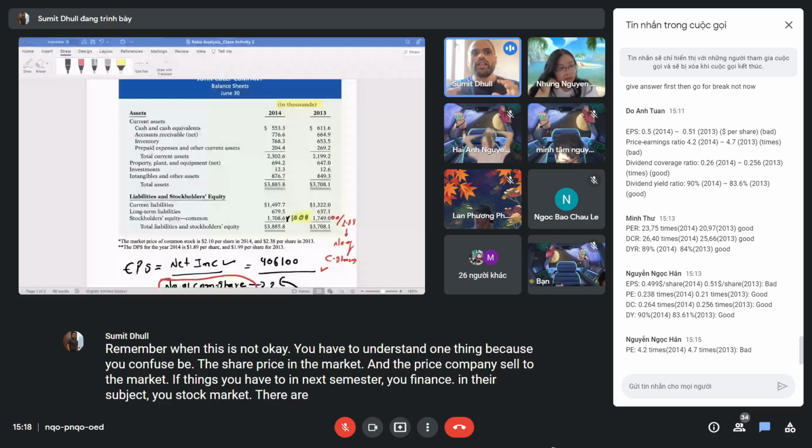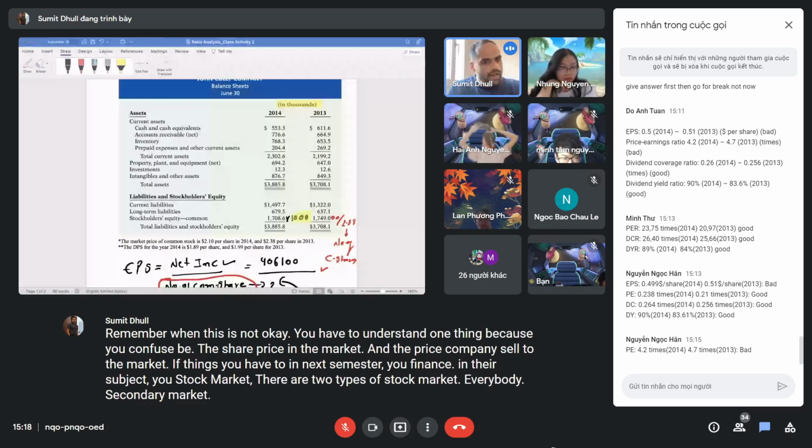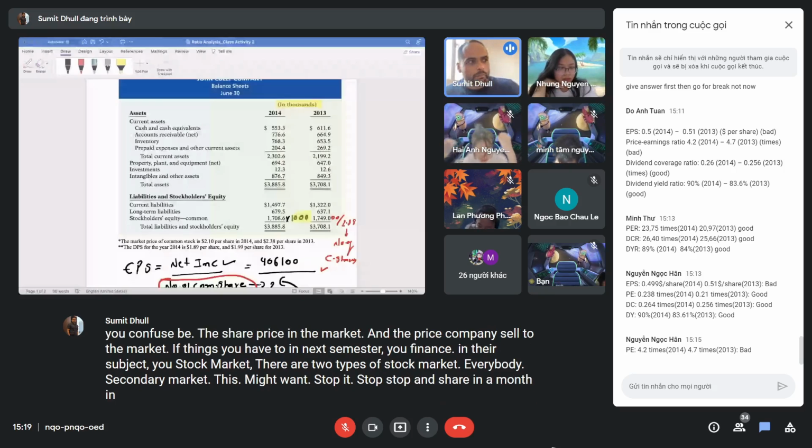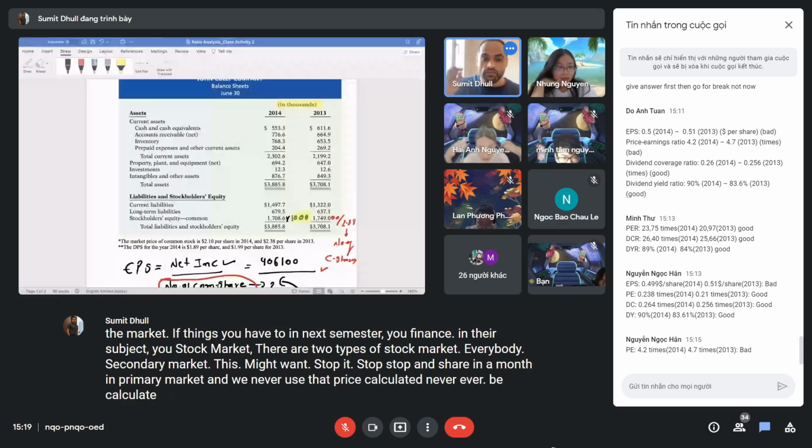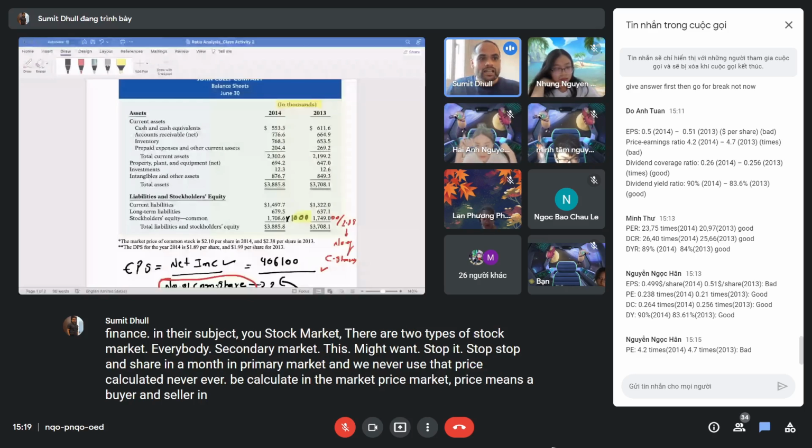There are two types of stock market: primary market and secondary market. This 2.10 is the price in the stock exchange. But when companies sell shares in the primary market, we never use that price to calculate EPS. Never ever. We calculate using the market price. Market price means the buyer and seller, and sellers means investors.